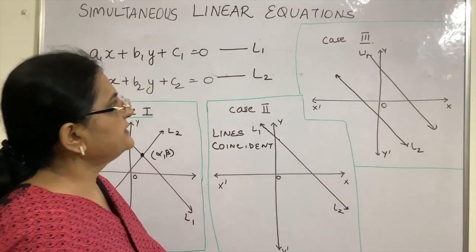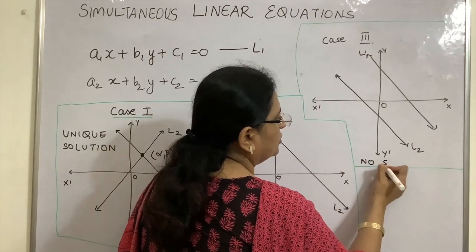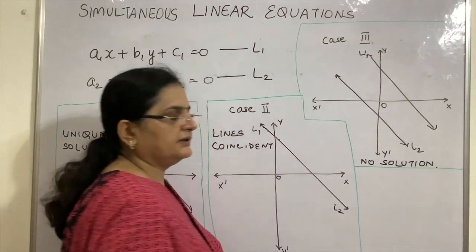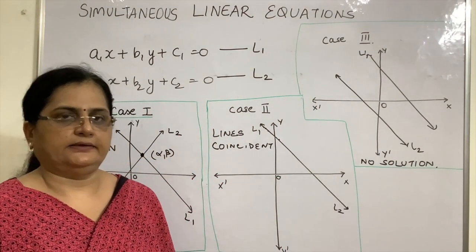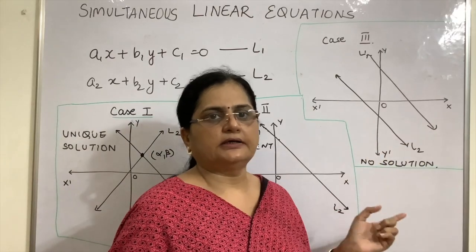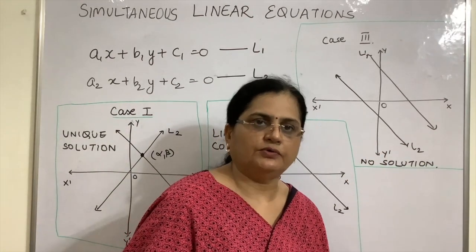So they will never intersect each other, and they will have no solution, because solution means they will have to intersect or cut each other. Are they cutting anywhere? No, they are not cutting. So in this case there will be no solution.